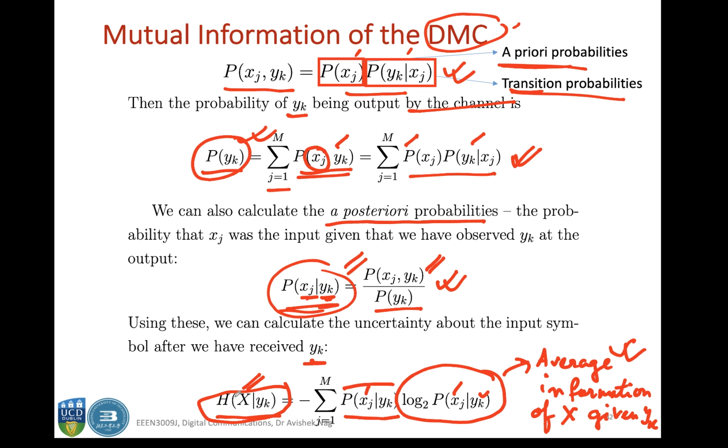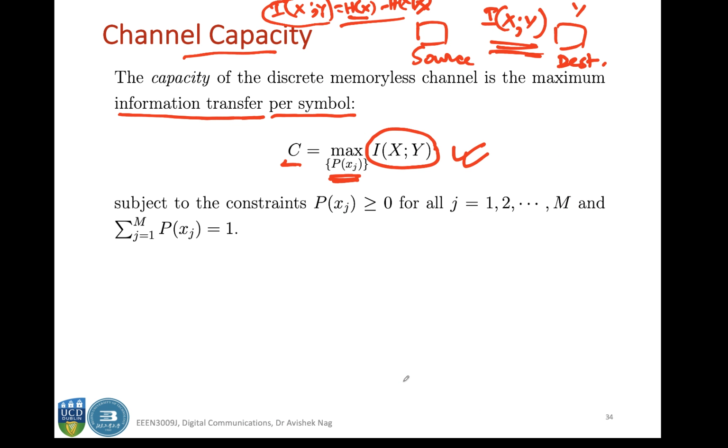Okay, and then the entropy can be written in terms of the p of xj's also. So at the end of the day, this term, the I of x semicolon y, the mutual information between x and y, is actually a function of the input probabilities and the transition probabilities.